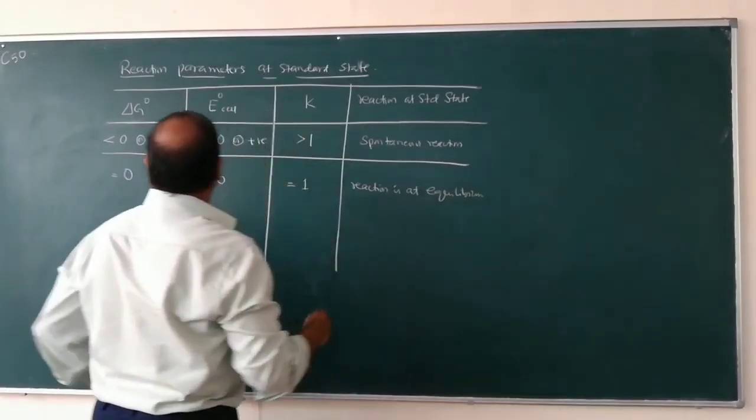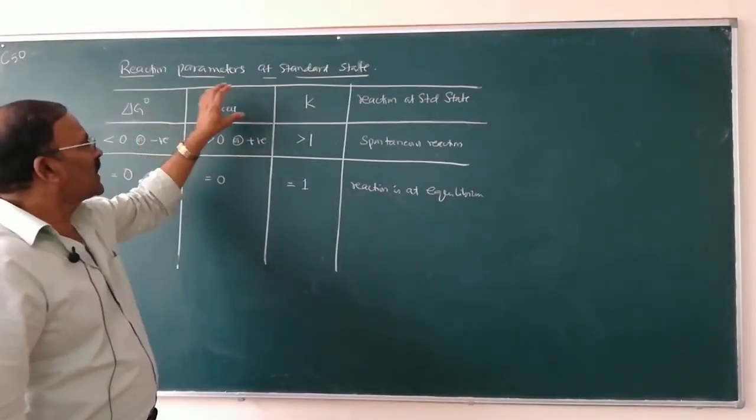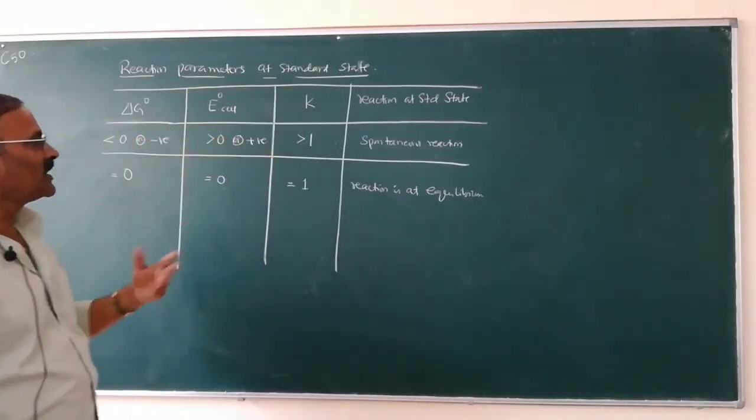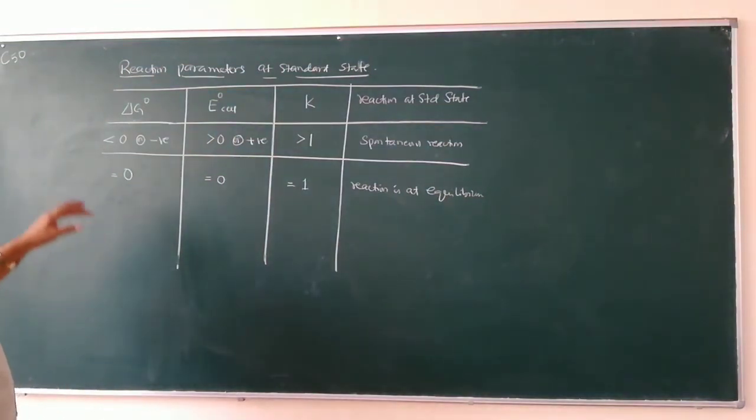So, by knowing the value of delta G naught, E naught of cell and K, we can decide whether a cell reaction is spontaneous or not.